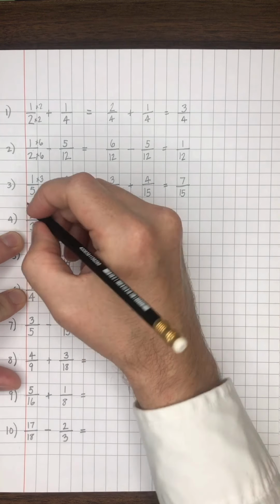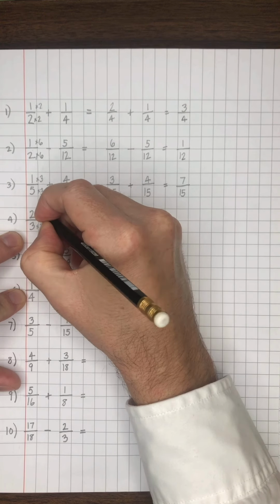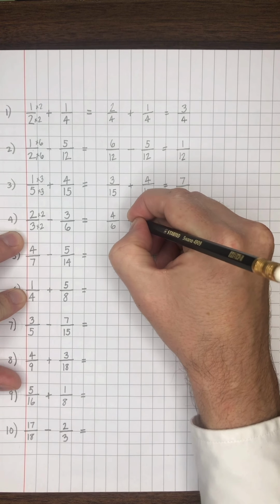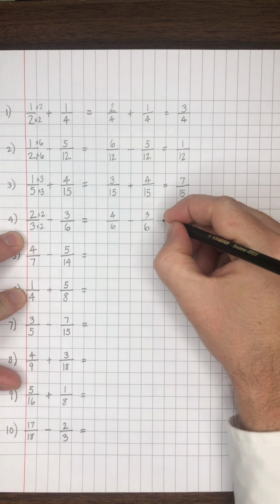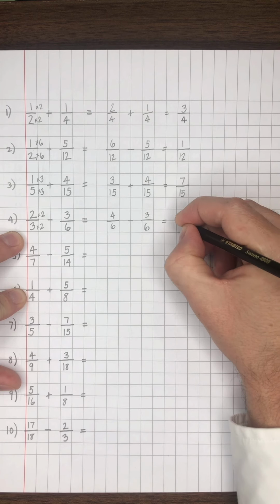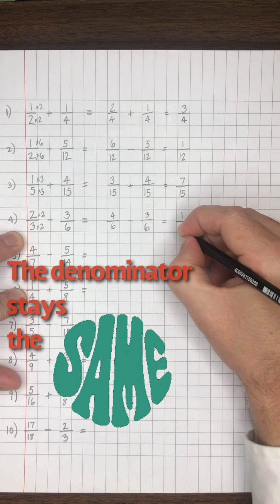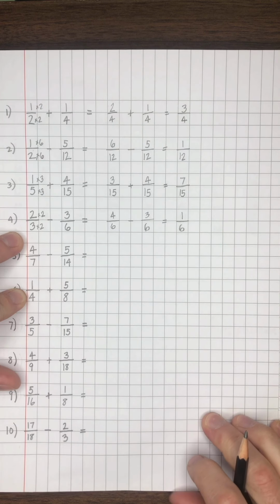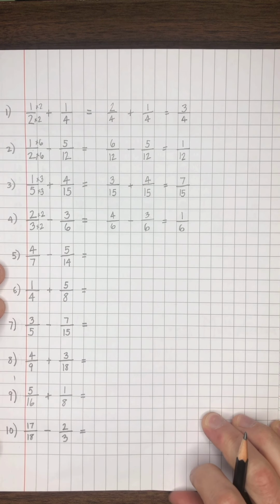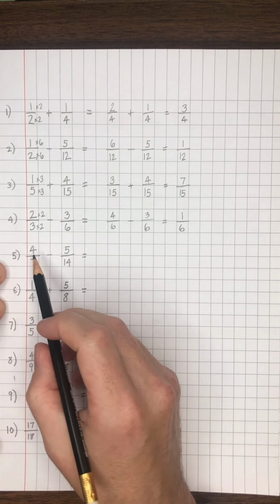And whatever we do to the denominator, we must do to the numerator. 2 times 2 is 4. We are subtracting. 4 minus 3 is 1 in the numerator, and the denominator stays the same. 1/6 is your answer.